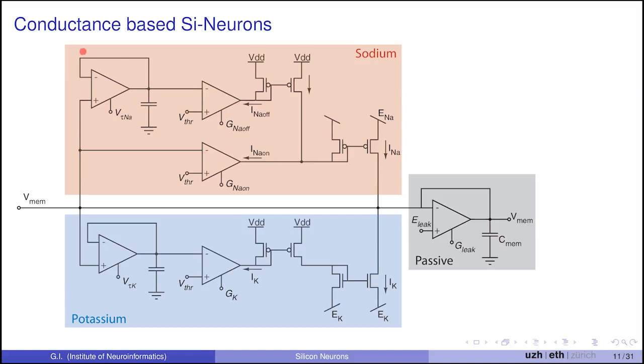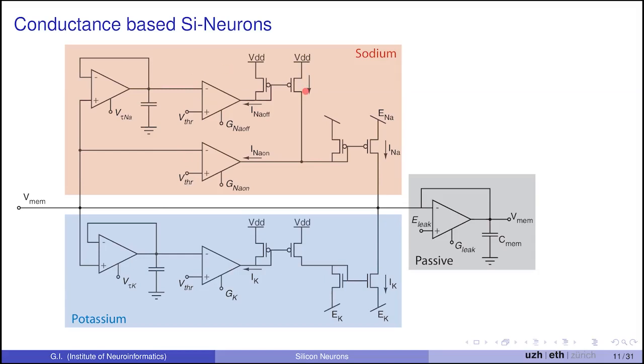After some time, when the delayed version of Vmem crosses V threshold, we turn on INA off, which copies this current here. And now the current that is being sunk by the first op-amp, INA on, does not come from the outer current mirror, but comes from the inner current mirror.